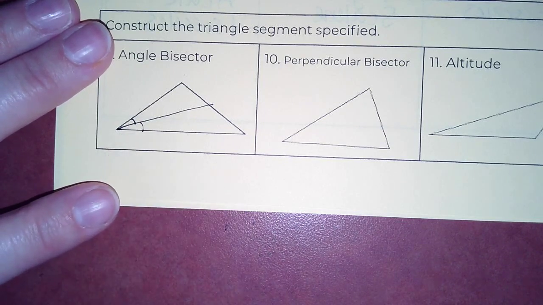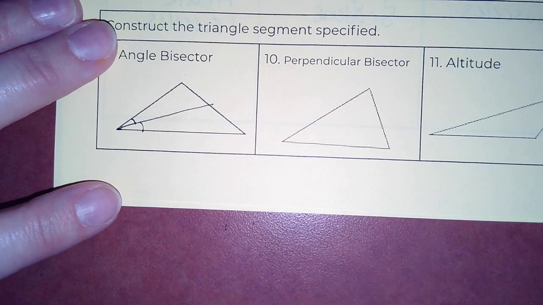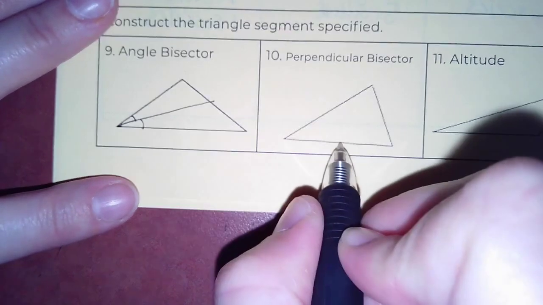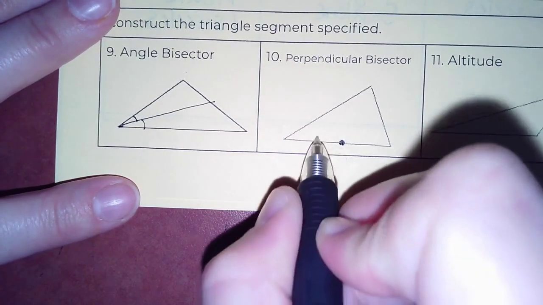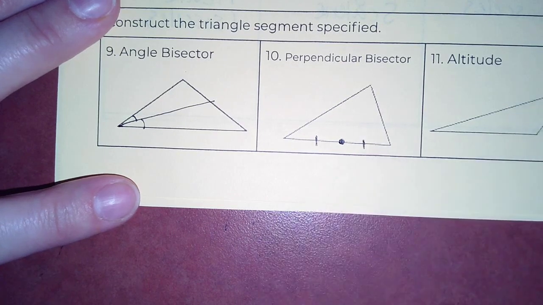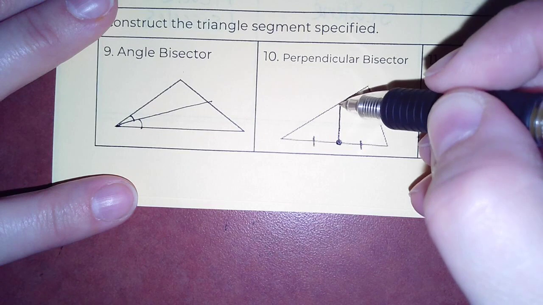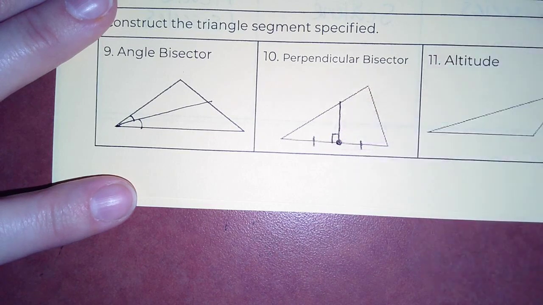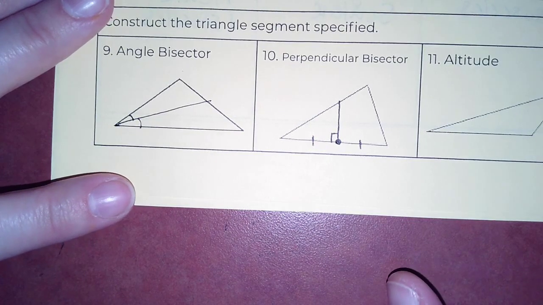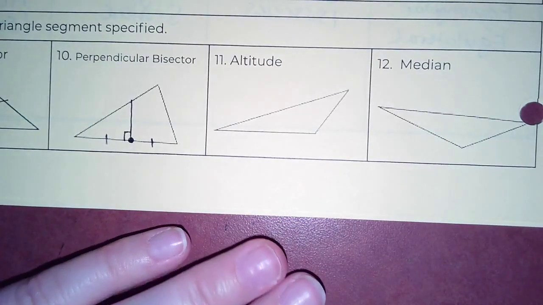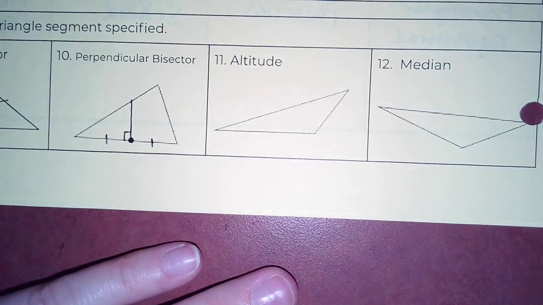Perpendicular bisector, it's bisecting one of the sides at 90 degrees. So it's going to bisect this side. So these two pieces are congruent, and I need a 90-degree mark, so I'm just going to go straight up from here. So we have 90 degrees. There's multiple ways this one could look. Altitude. So our altitude for this one is the vertex to the opposite side.